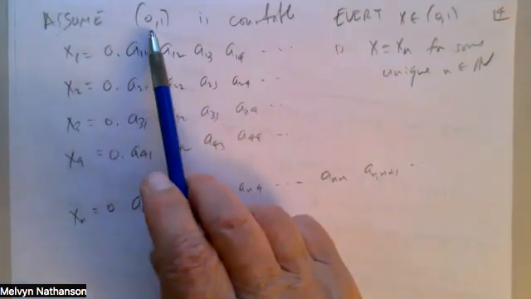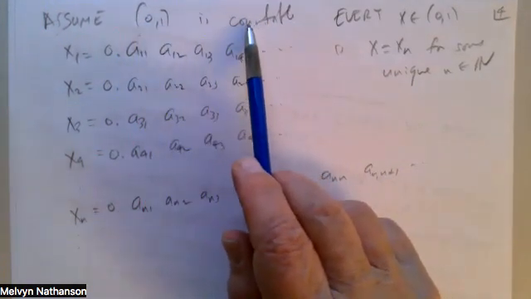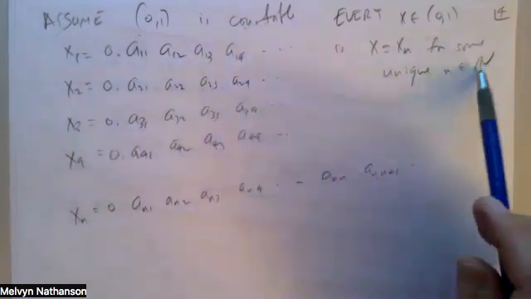So our hypothesis is that this set of real numbers between 0 and 1 is countable, can be put in one-to-one correspondence with the integers, and here it is. This is the first, the second, the third, and so forth, the nth. Every number between 0 and 1 is on this list.